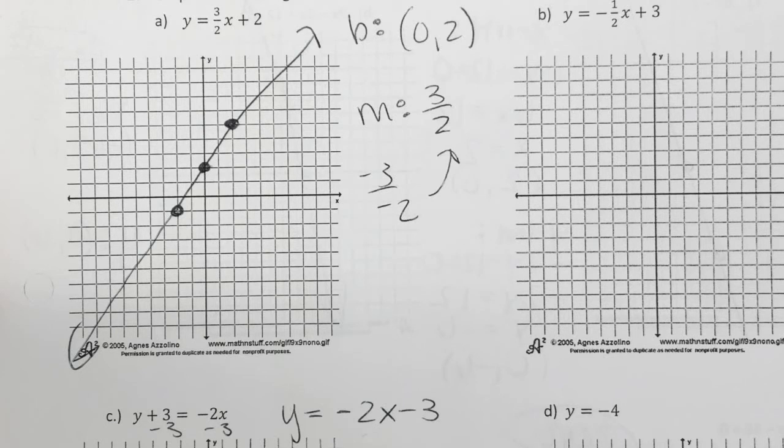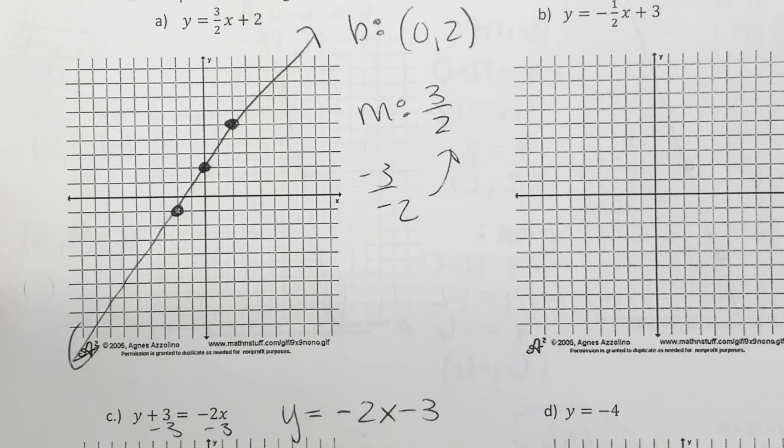This is negative, this is positive, because it's going down and over.